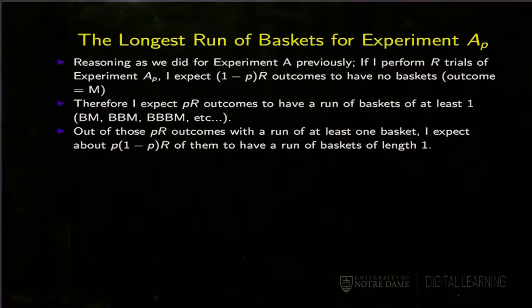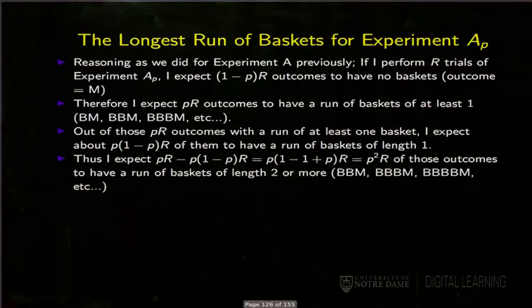So I expect the total number minus the ones with a run of baskets of length exactly 1 to be equal to the number of outcomes which have runs of baskets of length 2 or more.